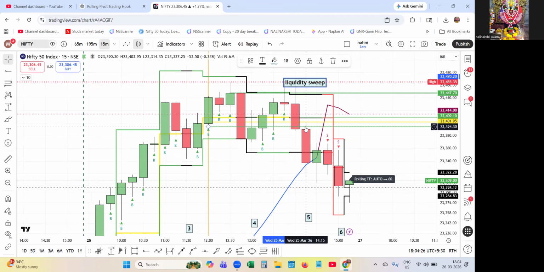Even during the last hour, this is the fifth hour. See, I have marked this as the fifth hour. This candle is losing below the support box on the 15 minutes. Actually, it automatically gives the 60 minutes.